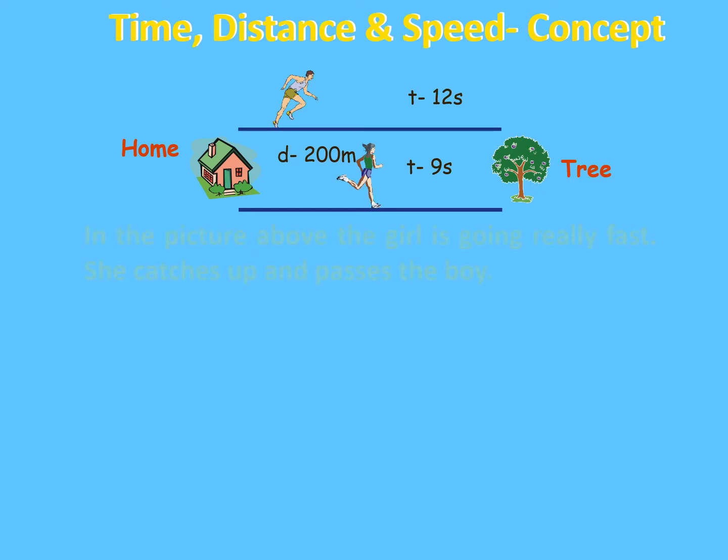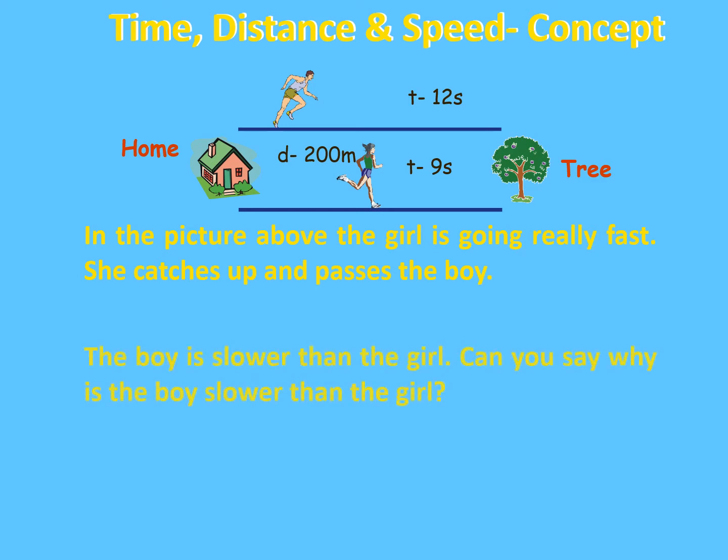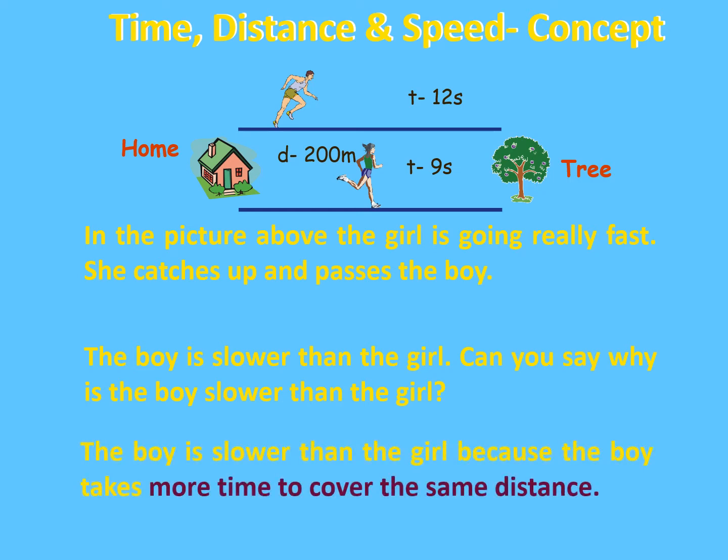First, in the picture above, the girl is going really fast. She catches up and passes the boy. The boy is slower than the girl. Can you say why? This is the answer.